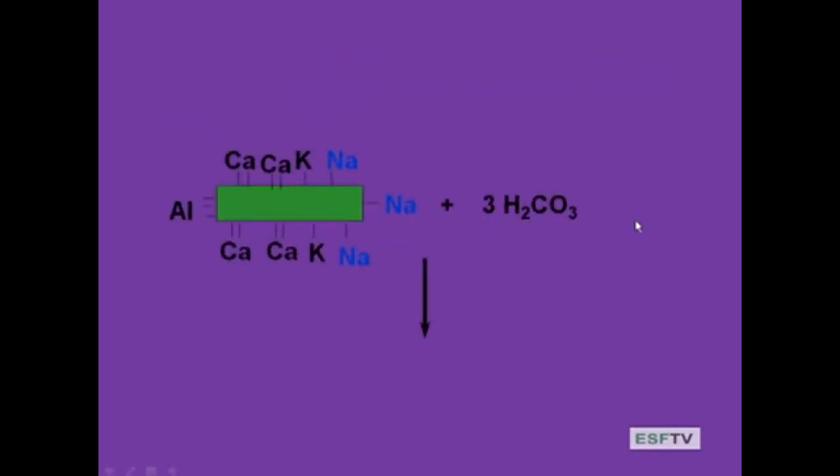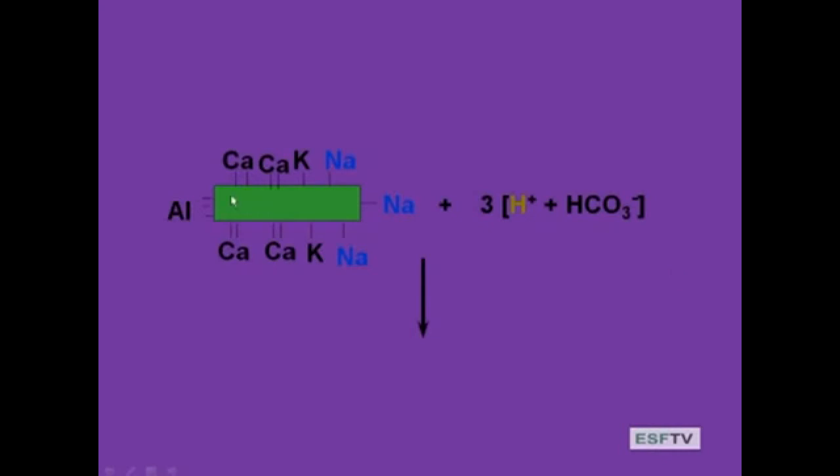So let's bring that into the cation exchange picture. Here we are with aluminum, potassium, K, sodium, kind of attracted. So this is showing these particular cations attracted, adsorbed, surfacely attracted to this colloid. And what happens when we add carbonic acid, and let's balance it. So we're going to add 3 moles of carbonic acid to this system. And what happens?